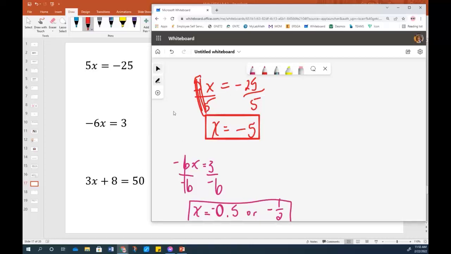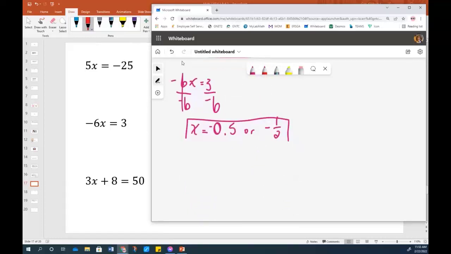Now, if I go to this next problem, it's actually a two-step problem. I can't do it in the one step. So here I have 3x plus 8 equals 50. So now opposite of the order of operations, I need to undo any addition or subtraction first.